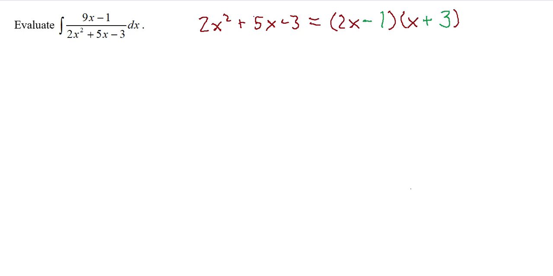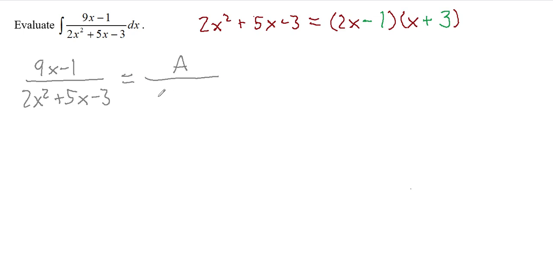We make use of this and now rewrite the integrand as a partial fraction to solve our integral. So 9x minus 1 all over the denominator 2x squared plus 5x minus 3 is equal to some numerator divided by 2x minus 1 plus some other numerator divided by x plus 3.